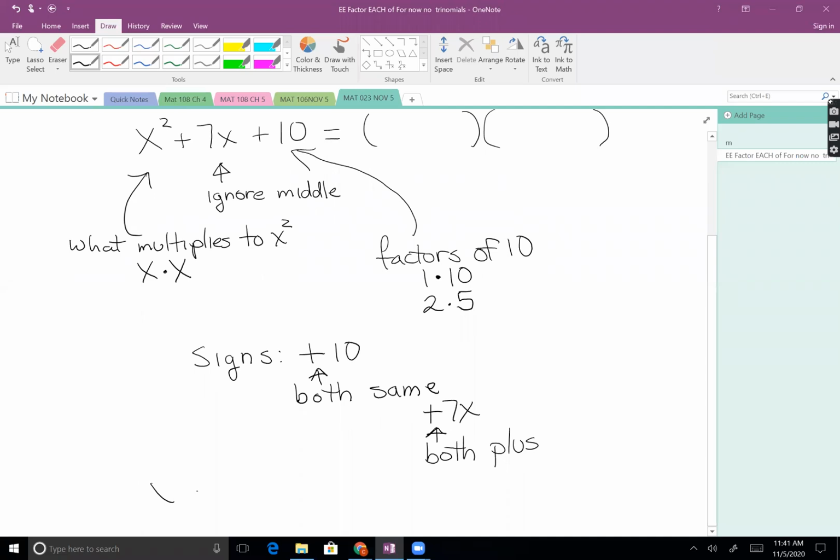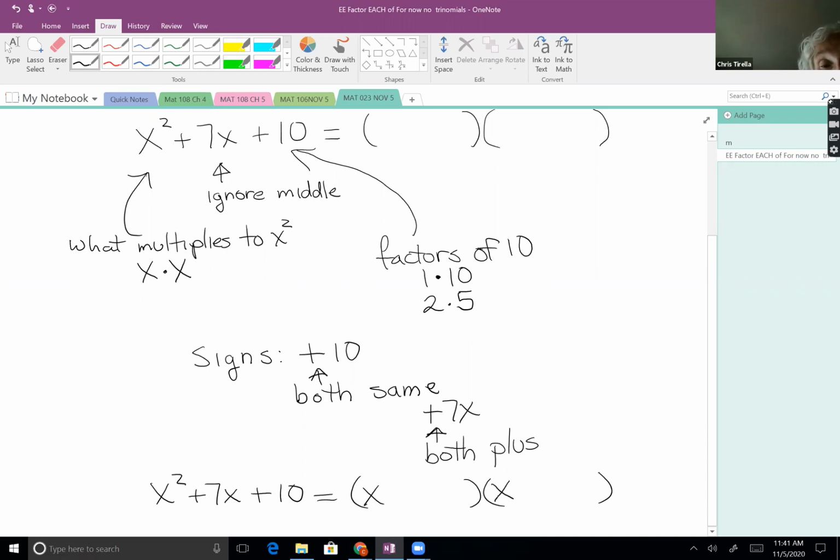So when I have my x squared plus 7x plus 10, because the x squared is x times x, I know that they're each going to start with an x. Because the last one's positive and the middle one's plus, I know that these are both plus signs. Now I'm going to look at my choices between 1 and 10 and 2 and 5.